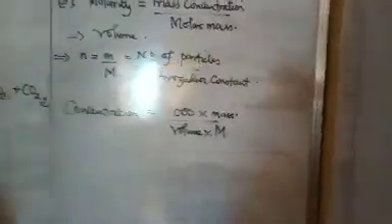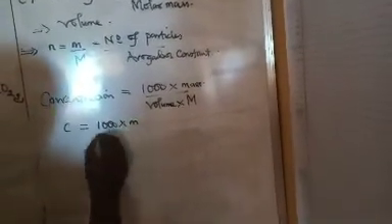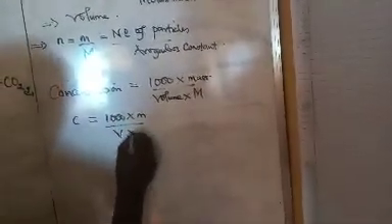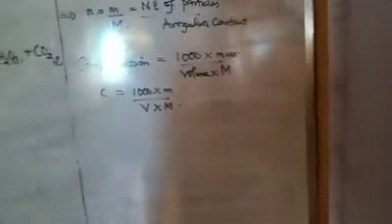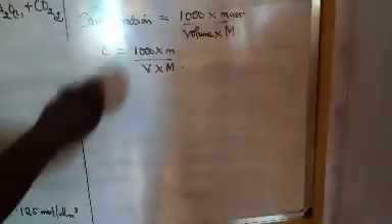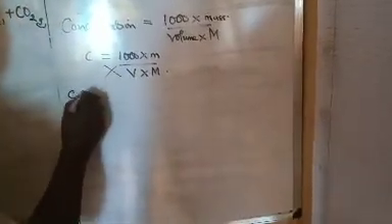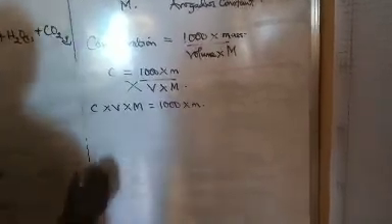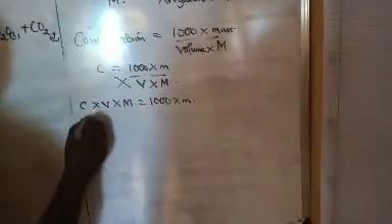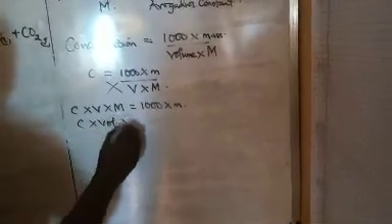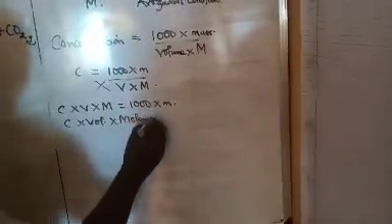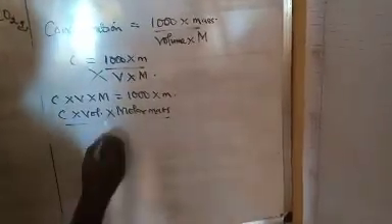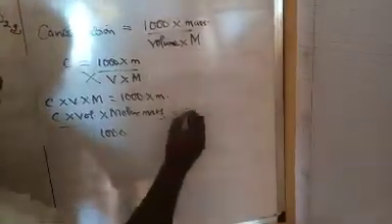So from this question, I have C is equal to 1000 times M over molar mass times V. And this is what I'm looking for, so I make M the subject of the formula. If I cross multiply, C times V times N is equal to 1000 times M. Divide both sides by this. I have concentration times volume times molar mass divided by 1000 is equal to mass.